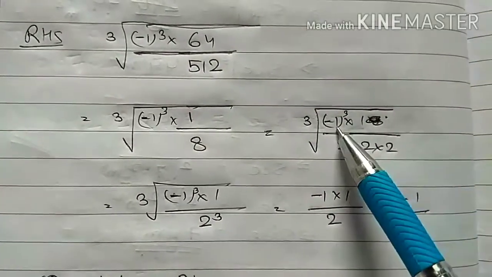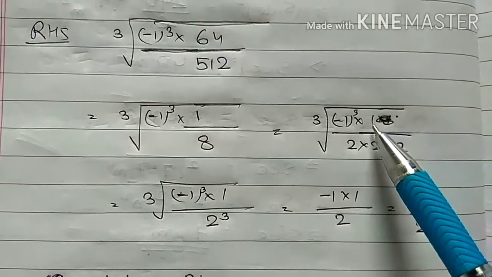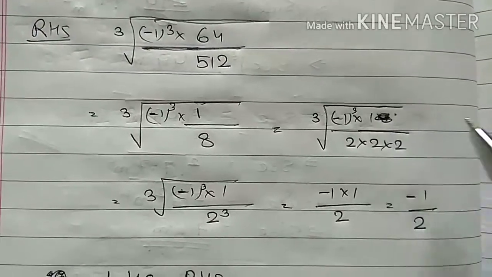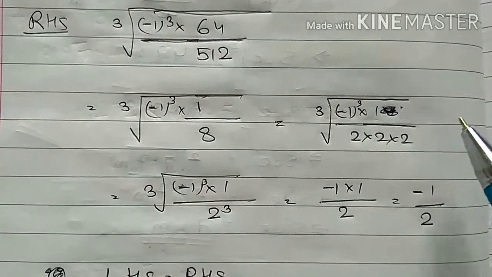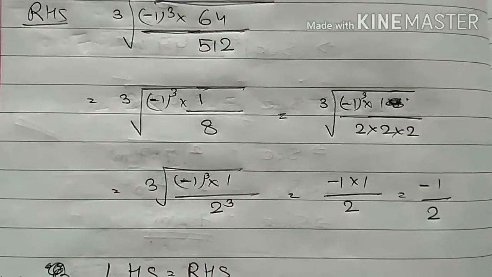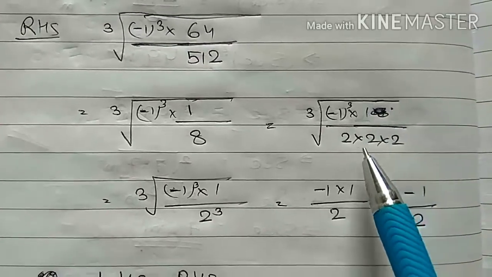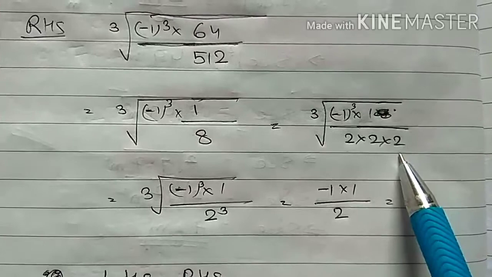So what will we get? -1 into 1, because 1 into 1 into 1 remains 1. Next, 2 into 2 into 2 becomes 8.